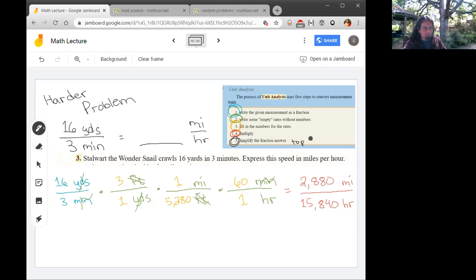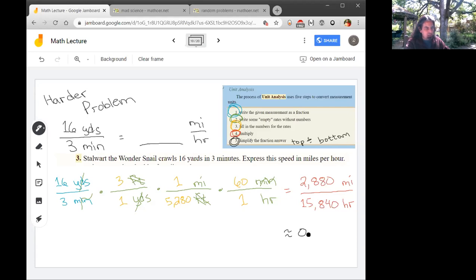Answer is top divided by bottom. I see what happened. I need to use my secret calculator reset button. Okay. So I'm getting about 0.18.